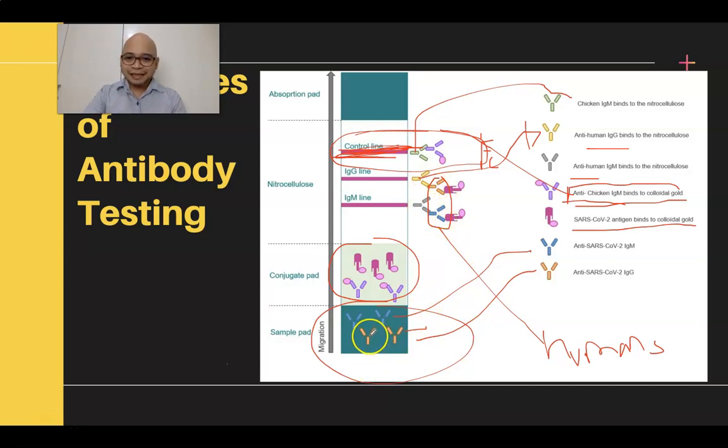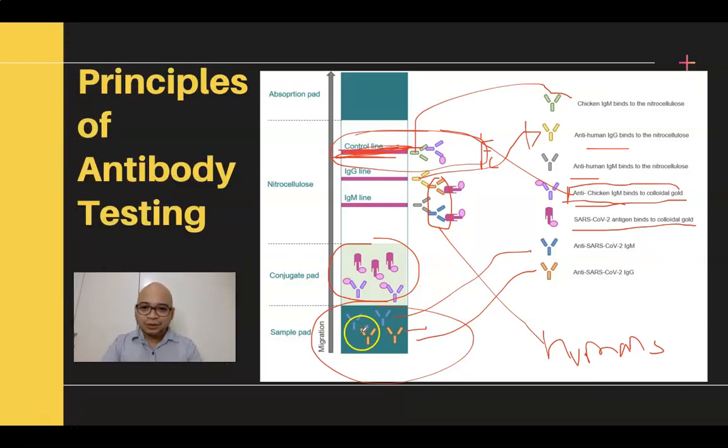And of course, since it is also a lateral flow, as we pass the conjugate pad, we make somehow a sandwich. You have here the anti-human IgG, this one is anti-human IgM, and then you have your actual IgM, and then you have the antigen. Okay? So, if you're positive with IgM.